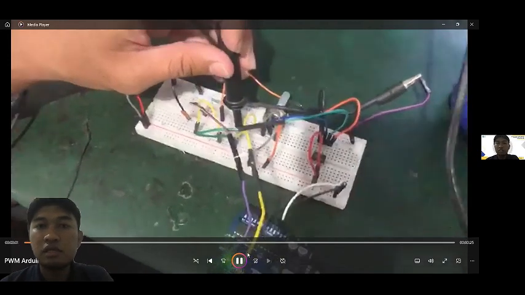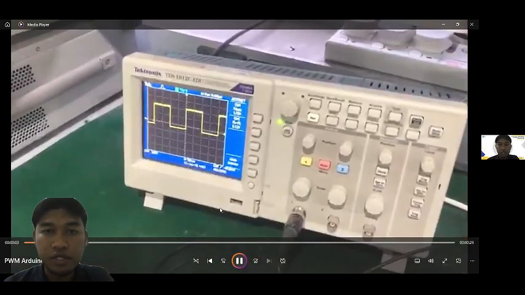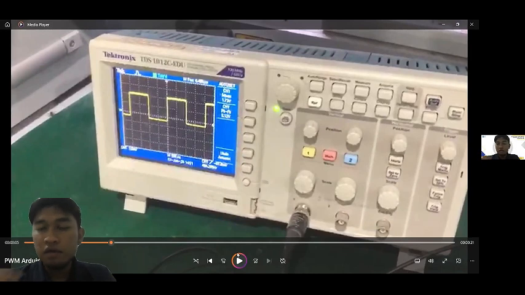This is testing the PWM for the Arduino, and for your information, the Arduino cannot show digital signals. It just shows analog.